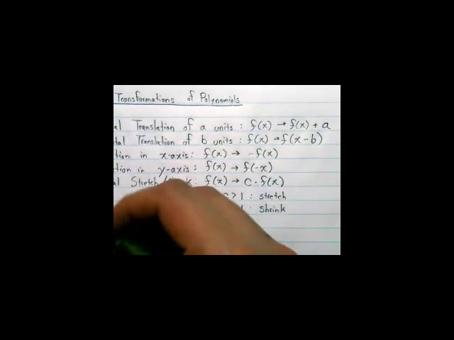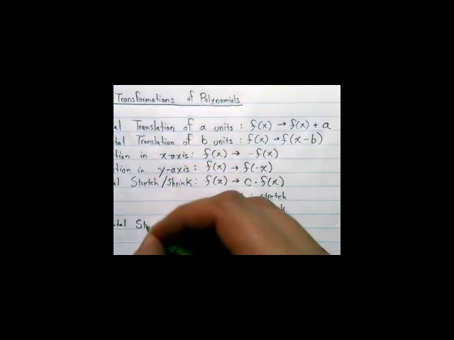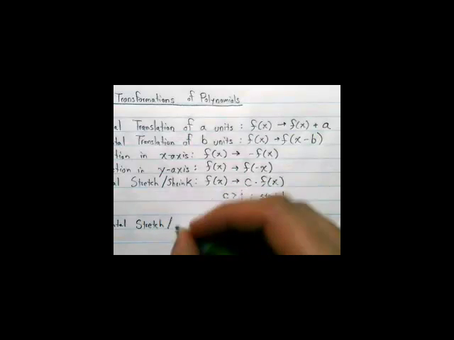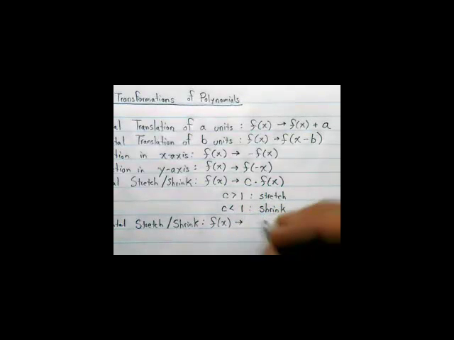Horizontal. Isn't it just the opposite of vertical? Yep, it is. And also, you're not multiplying on the outside, you're multiplying on the inside again. So this is going to be f of, and I guess we'll use d this time because that's next in the alphabet.